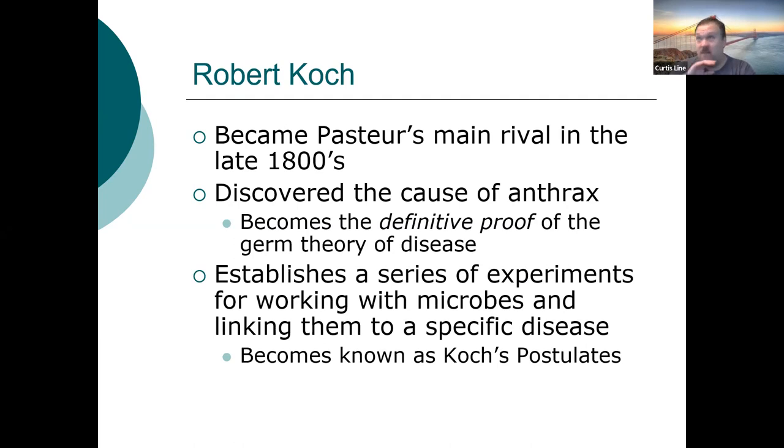So stuff that we can't see that is alive gets in us by a whole bunch of different ways, makes us sick, causes those problems, right? It was huge, huge, okay?